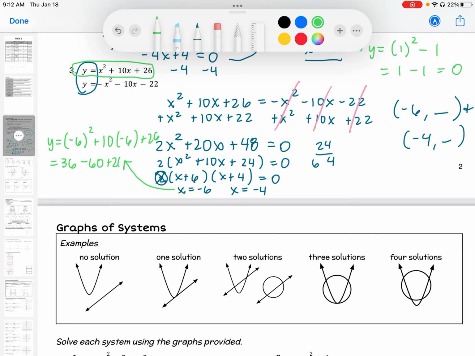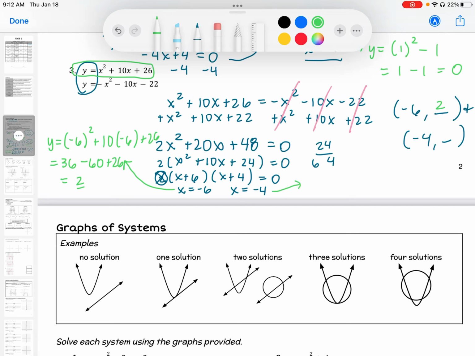And then plus 26. And then we're just going to add all those together, and that's going to give us 2. So for negative 6, it'll be 2. And remember, your solution should always be written as ordered pairs.